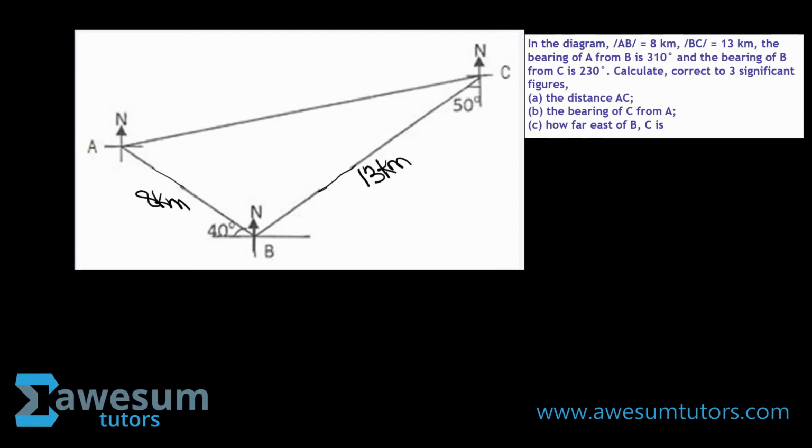Let us take a look at question 9 of the WASSCE 2010 May-June General Mathematics question, which says, in the diagram, line AB is 8 kilometers, line BC is 13 kilometers, the bearing of A from B is 310 degrees, and the bearing of B from C is 210 degrees.